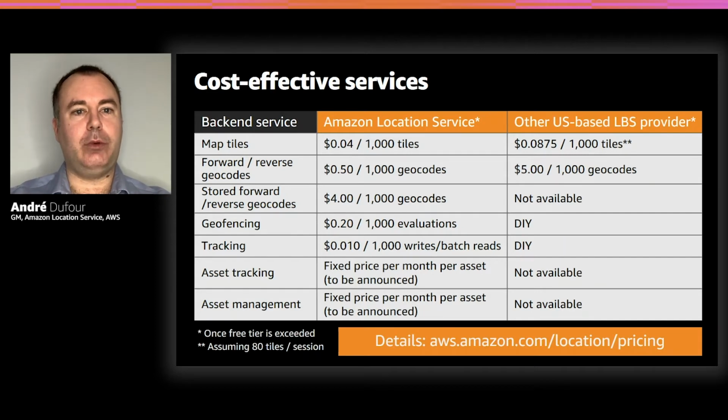And so shortly we will be announcing 2 plans, one for asset tracking, one for asset management, that give you exactly this pricing predictability, a fixed price per month per asset, and we'd like you to use these 2 plans for these types of use cases. So overall, the theme here is to make this service incredibly cost-effective so that you can unleash your innovation and build the location-based applications you've always wanted.